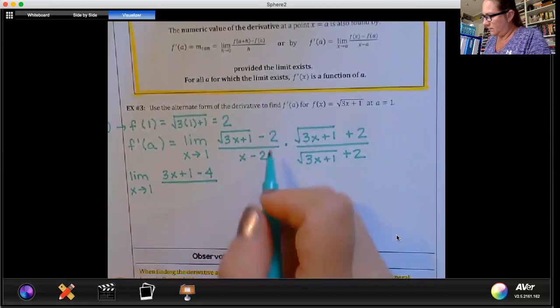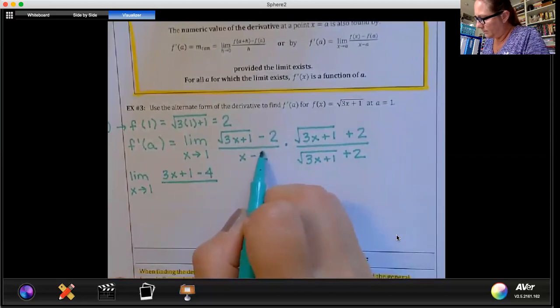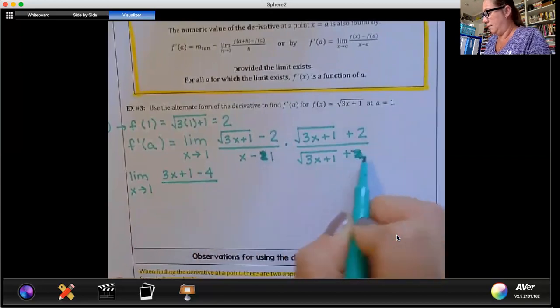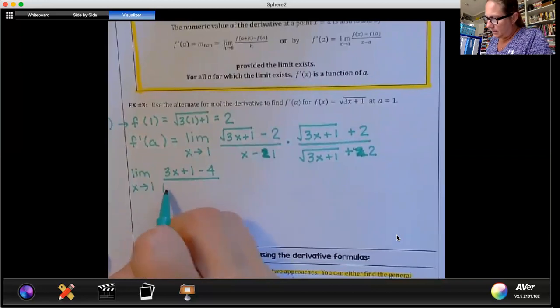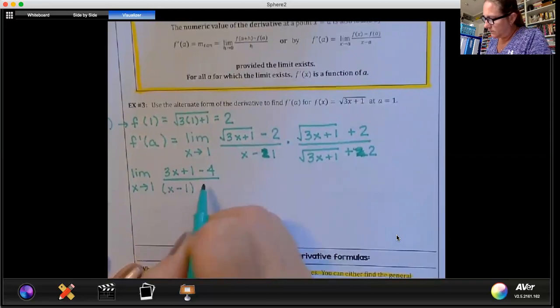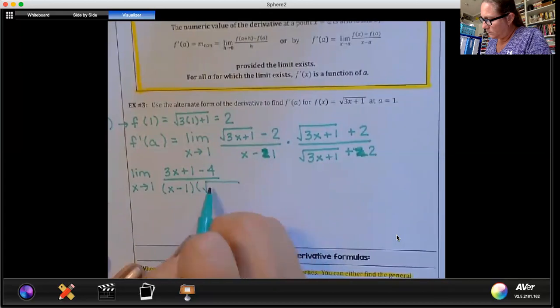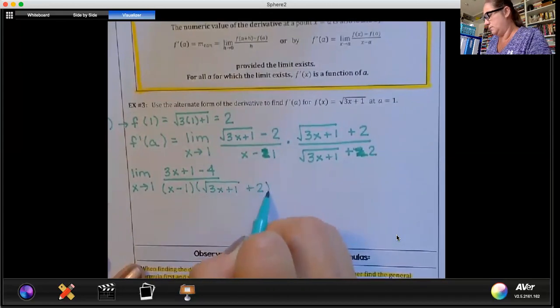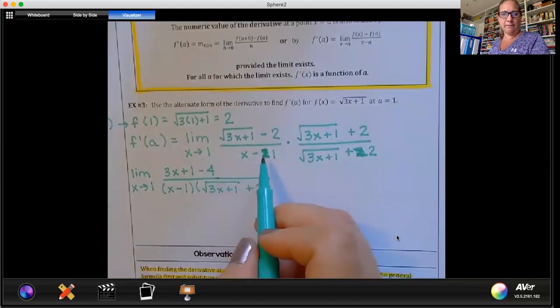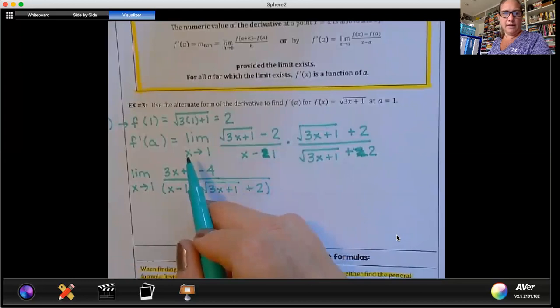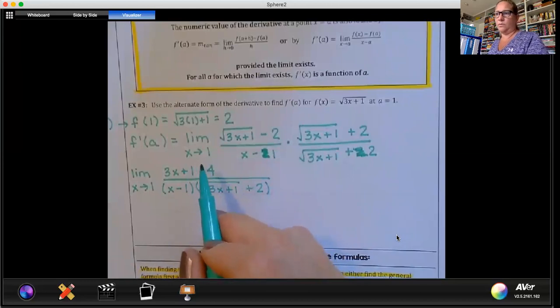I'm sorry, that should be a 1, not a 2. That one should be a 2. I apologize for that. x minus 1 times the square root of 3x plus 1 plus 2. Make sure you make that correction. That was my fault. As x approaches 1, or x minus 1.